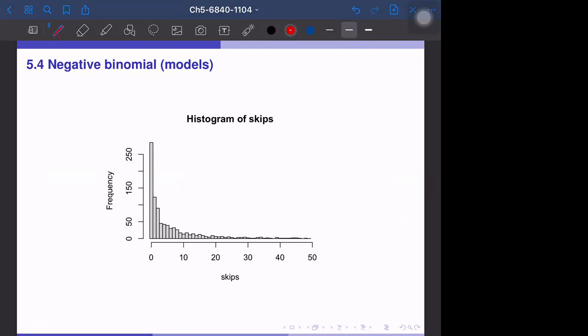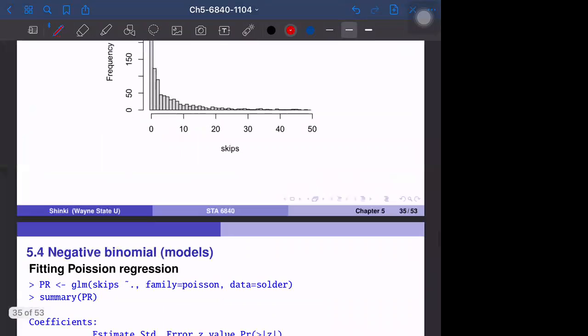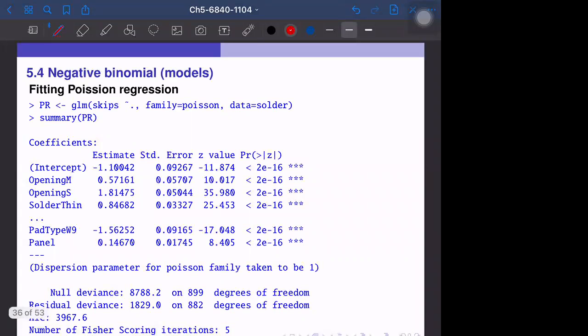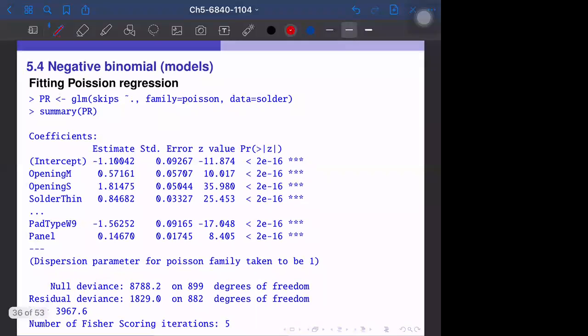So it may be fitted by the Poisson distribution, but we will see whether that is enough. At first, we fit the Poisson regression, which is more basic than the negative binomial regression, using the glm function and family Poisson.